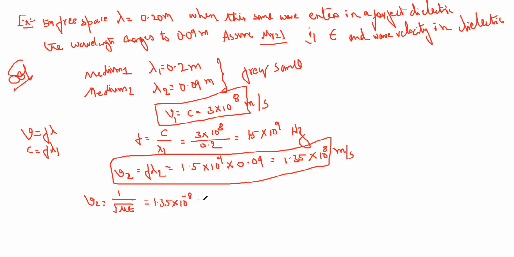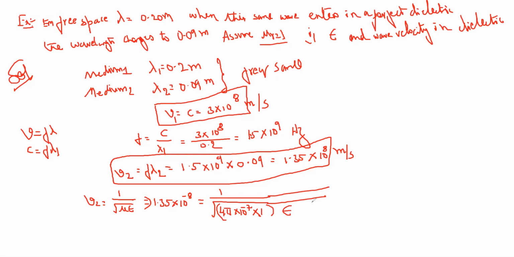That implies it is equal to 1 by under root of mu naught mu r epsilon. What is mu naught? 4 pi into 10 to the power of minus 7. Assuming that mu r is equal to 1, we need to find the epsilon also.